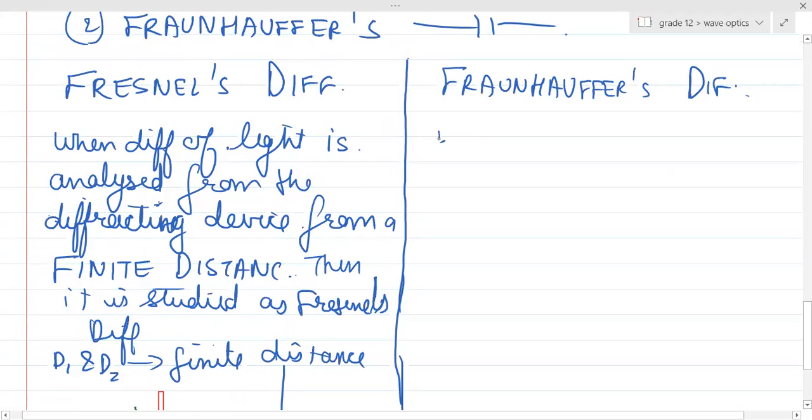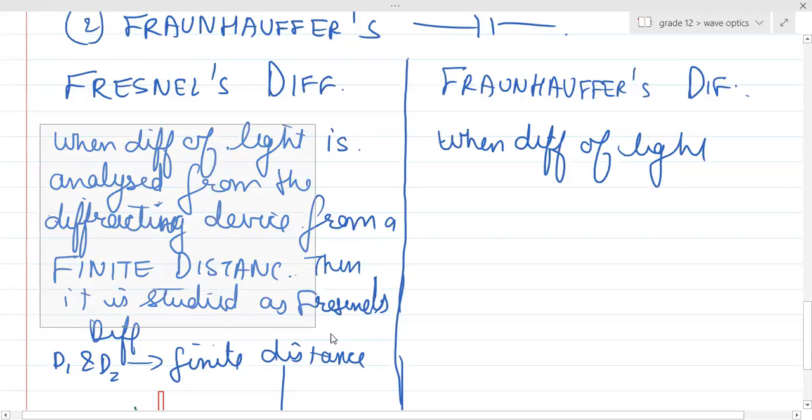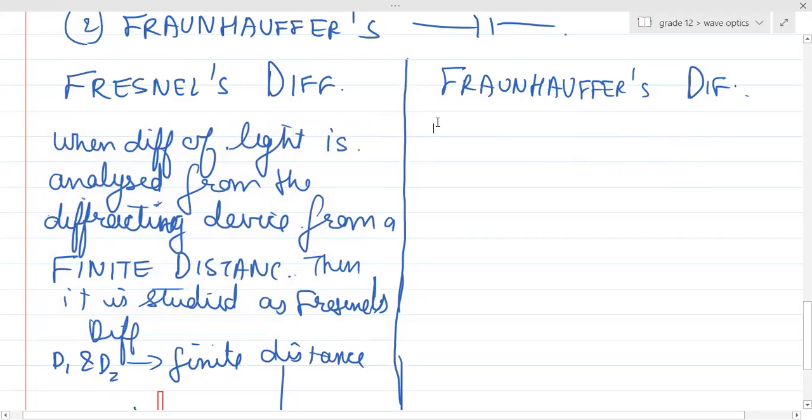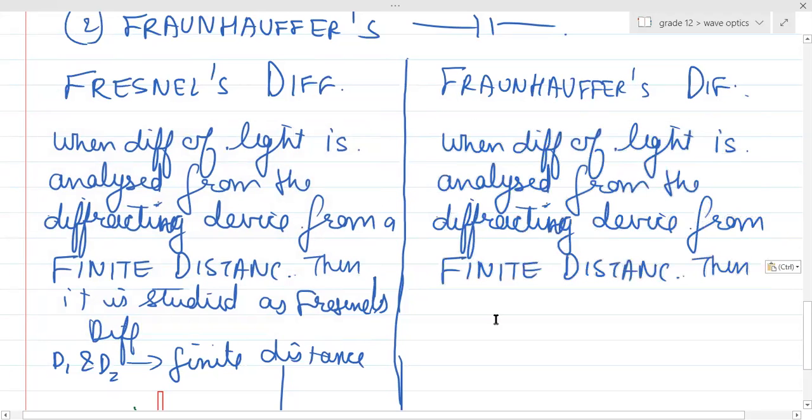The second type of diffraction is when the diffraction of light is analyzed from the diffracting device from an infinite distance.